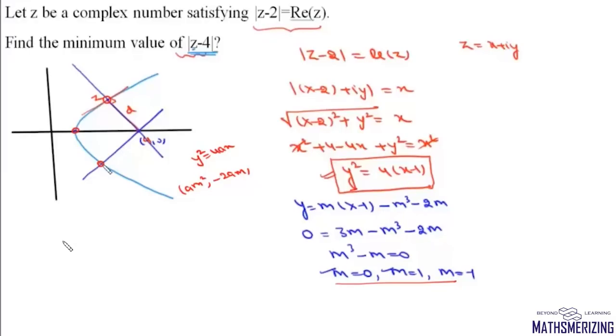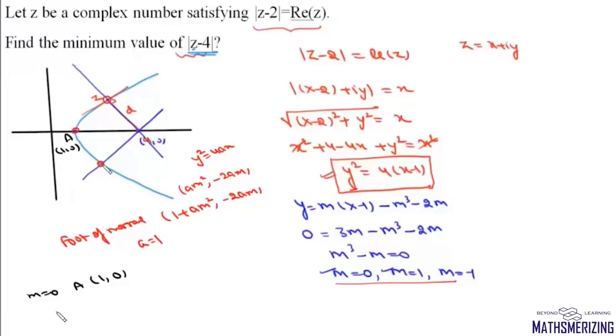So in this case, the foot of normal will be given by (1 + am^2, -2am). Now for this parabola, the value of a is 1. So now we'll start putting the value of a and the value of m. So we'll take m as 0. We'll get this point, say A, and it will be simply (1, 0).